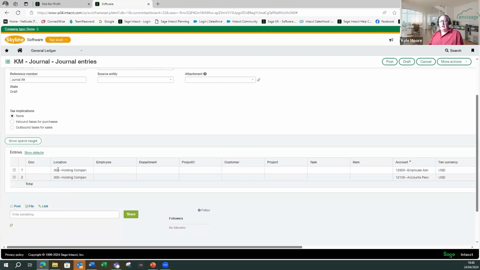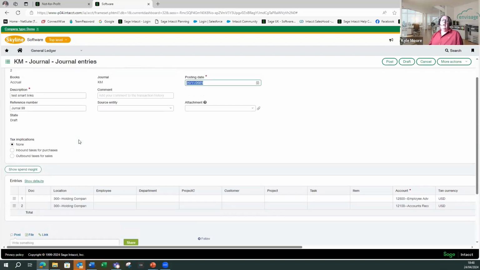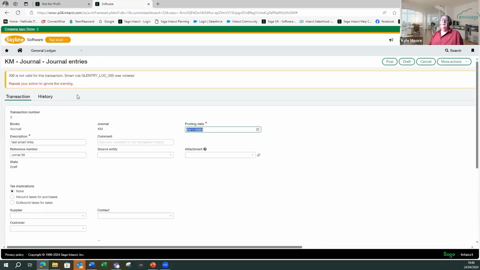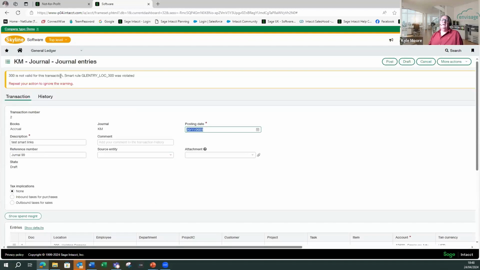I don't want anybody posting journals to that holding company. So very easily, I've set up a smart rule. If I tried to post this, the smart rule would say 300 is not valid for this transaction. So you're building up certain things that relate to your business and your business only, and creating smart rules for that.